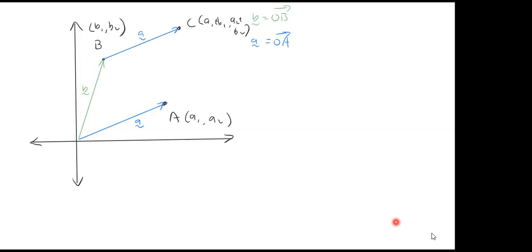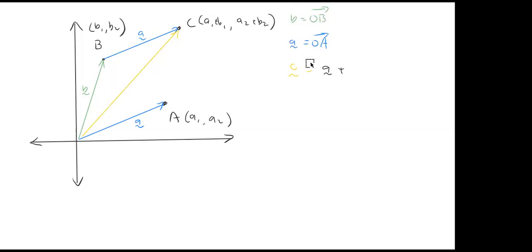And your position vector C would be A plus B. And hopefully you can see how that ties in both graphically and algebraically. And we can also, of course, have gone from A plus B from this end.